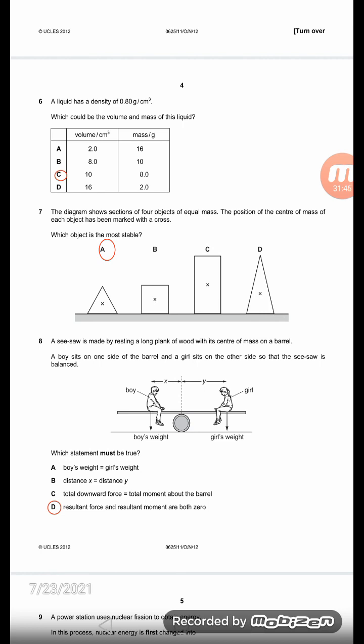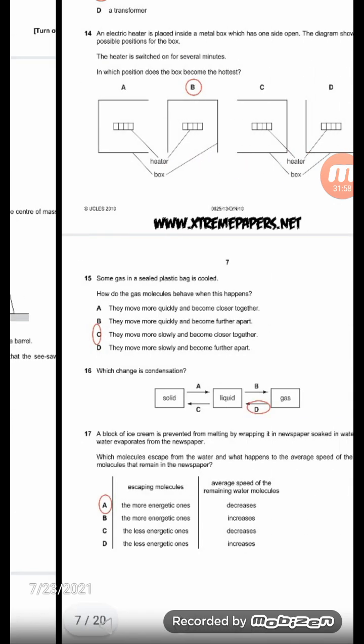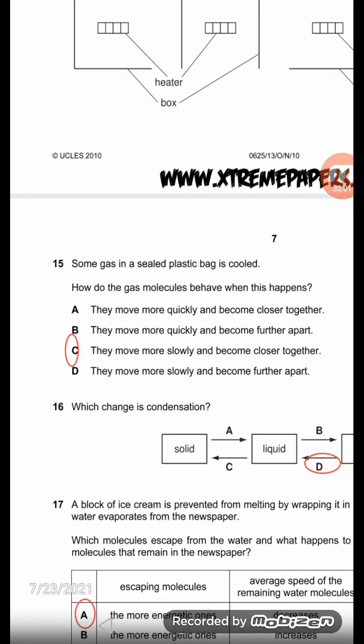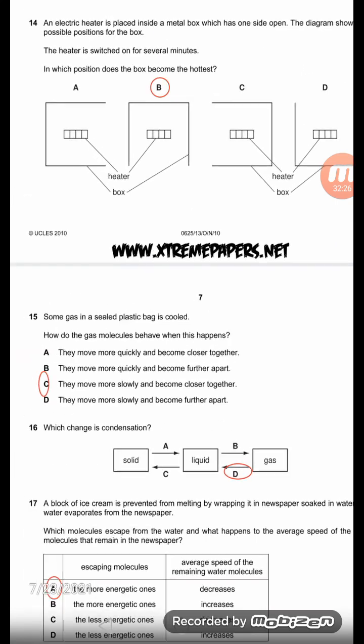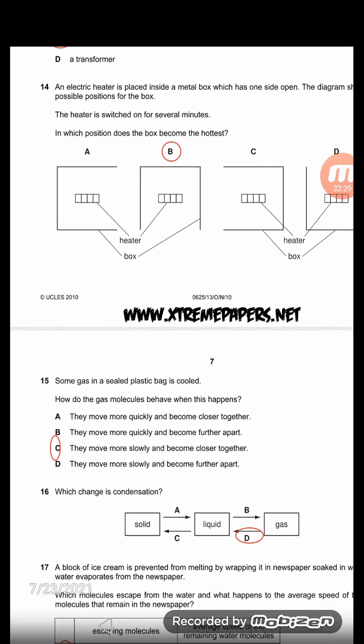It means the net resultant force and moment of all external forces should be 0. Again I am repeating, when it is balanced, resultant force and resultant moment are 0, and anticlockwise moment is equal to clockwise moment. Three things: resultant force and resultant moment should be 0, and clockwise moment equals anticlockwise moment. Okay, this one, what is there?